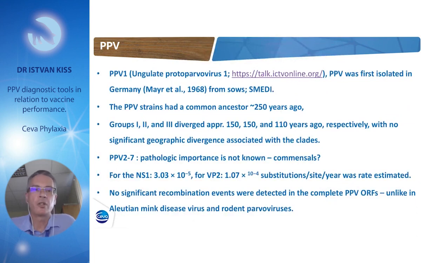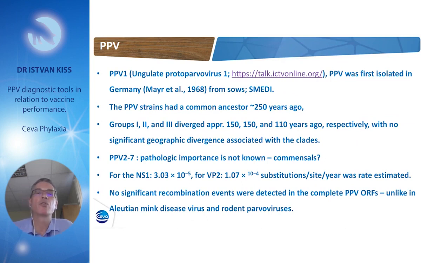So now let's turn to porcine parvoviruses. They are called, in the official way, ungulate protoparvovirus 1 right now. I put here this link for the International Committee on Taxonomy of Viruses, where one can follow the actual nomenclature. PPV has been known since the late 60s of the last century, actually from Germany.